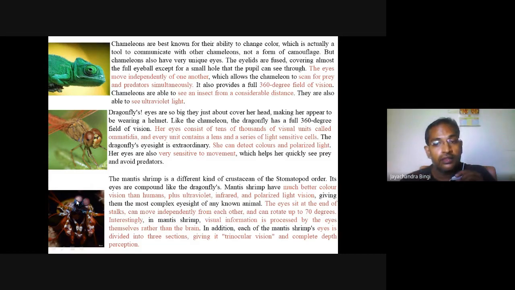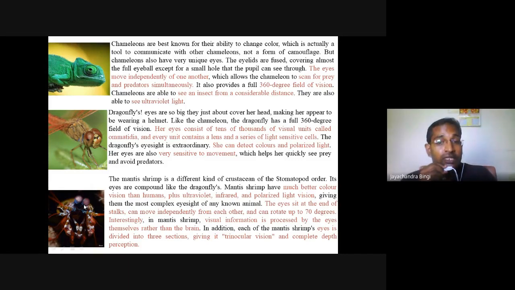The eyes can rotate 70 degrees. You just have a look at the eye. The sensor can be rotated 70 degrees, but whatever information is gathered by a particular eye is analyzed in that eye itself. That is a localized sensor with a localized analysis system.